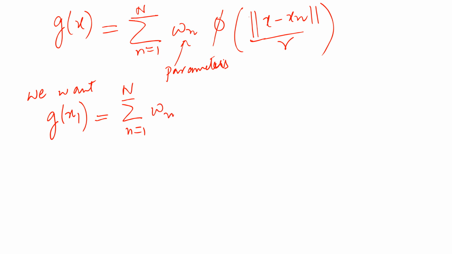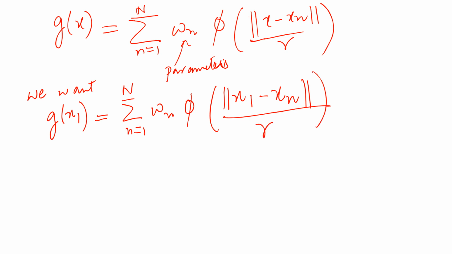I should be able to find w when my phi of (x1 minus x_n) over r is equal to y1, right? This is what I'm trying to get.